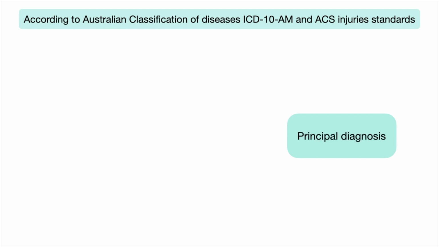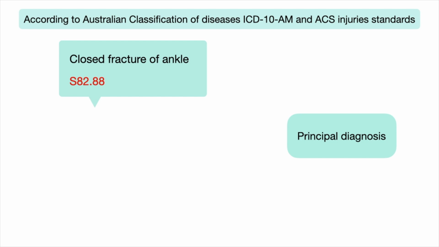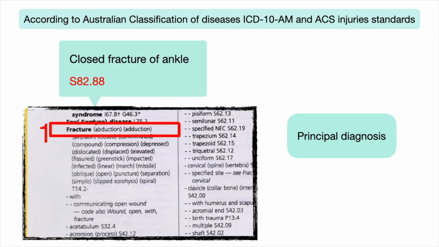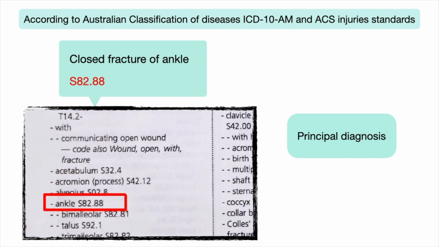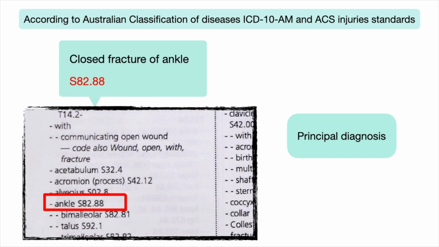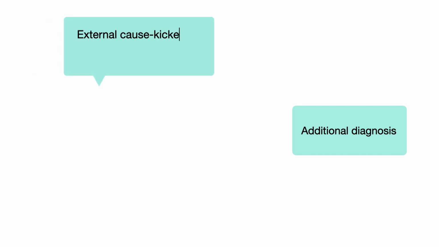According to the Australian Classification of Diseases, ICD-10-AM, and the ACS injury standards, the principal diagnosis, closed fracture of ankle, is S82.88. Additional diagnosis, the external cause, kicked by person, W50.